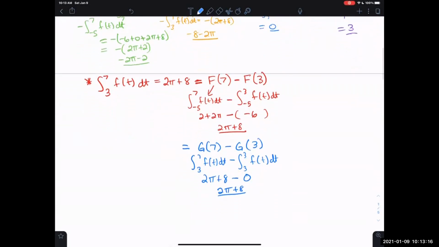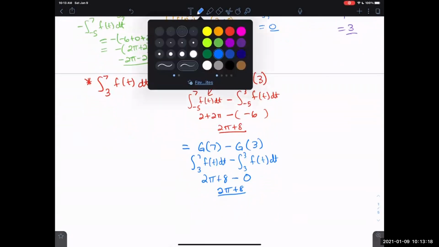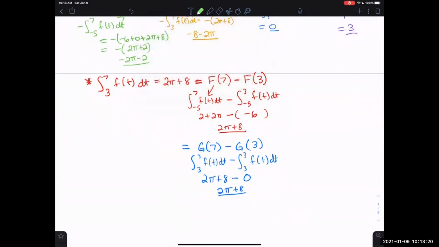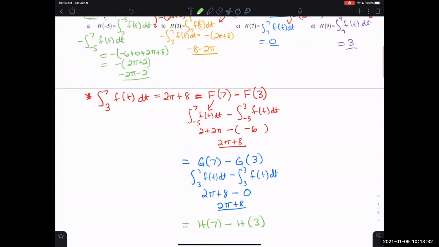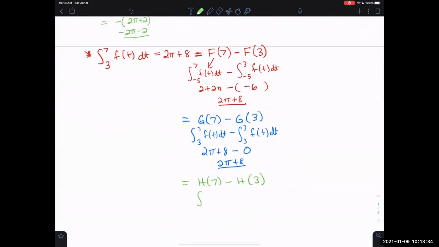We're seeing some patterns. And then finally, we've got H. So capital H of 7 minus capital H of 3. It's no surprise, we're going to end up with 2 pi plus 8. Bear with me. H of 7 was from 7 to 7, f of t dt, so that's our 0, if you will, minus, and then when we do H of 3, we go from 7 to 3 f of t dt.